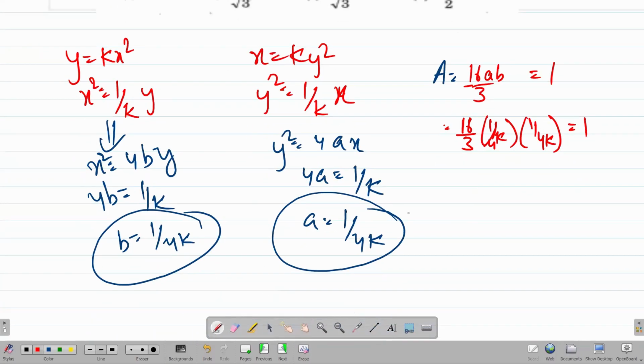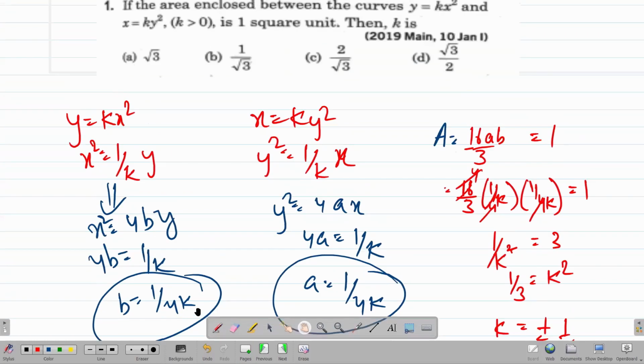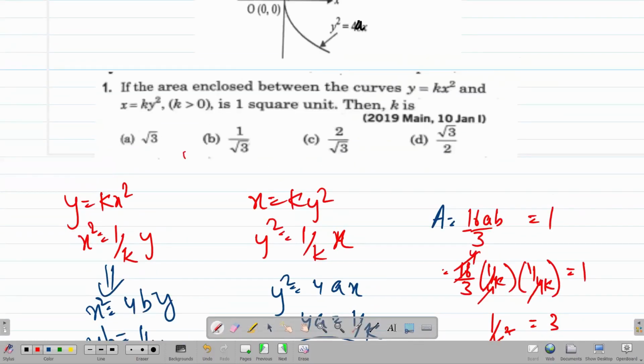On further solving, what I get is 1 by k square is equal to 3, or 1 by 3 is equal to k square. Taking the square root, my desired option is here 1 by root 3.